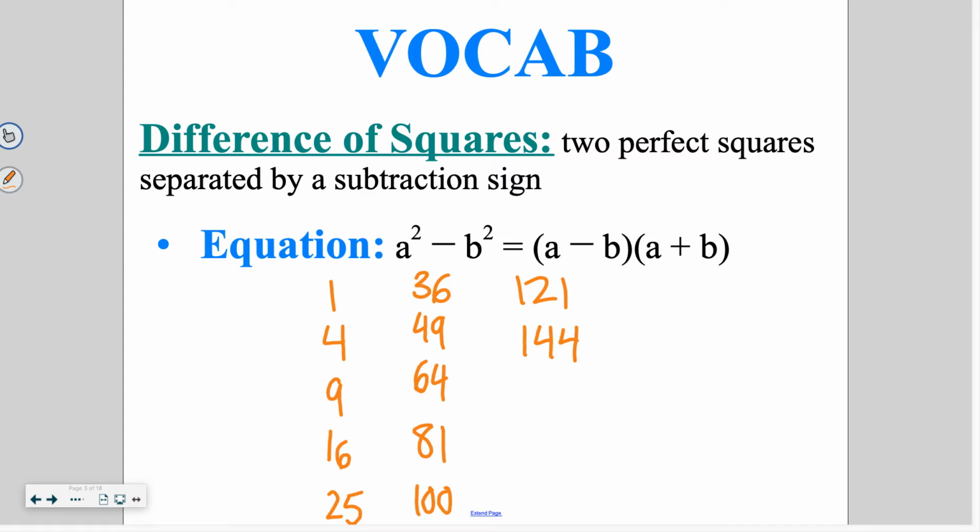Those are all factors that you should know, such as 8 times 8 being 64. The other three that I'm going to encourage you to remember are 169 is 13 times 13, 196 is 14 times 14, and 15 times 15 is 225. If you can make a conscious effort to memorize these 15 perfect squares, that's going to make your life a lot easier when you're looking at these special cases.